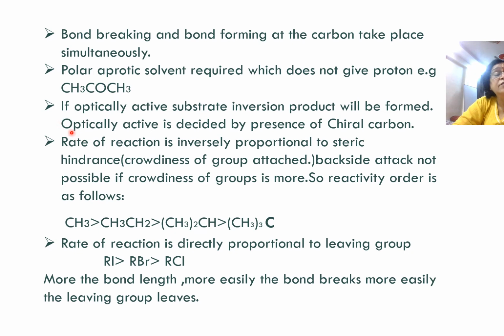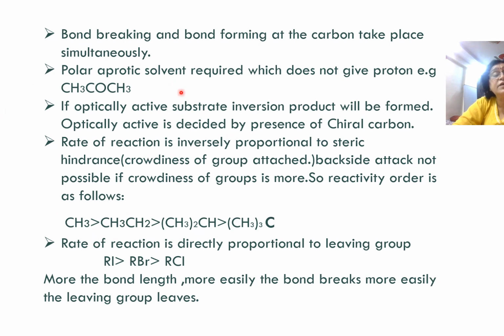Okay. Now if our substrate is optically active, that means four different groups are attached to the carbon. Here in this example you saw CH3Br, but instead of CH3Br, if you have H attached to carbon, then CH3, then C2H5 and then Br.